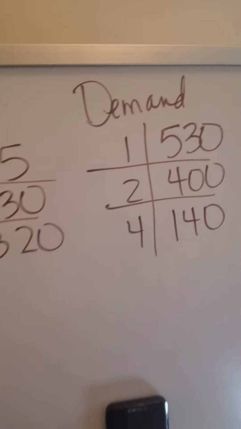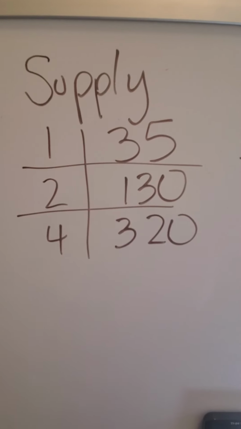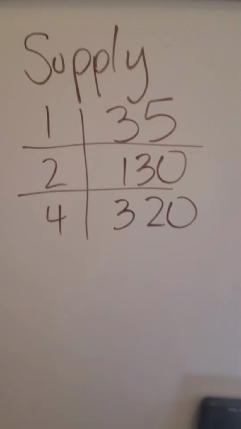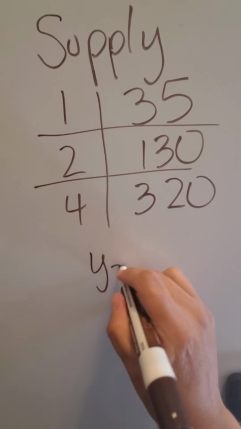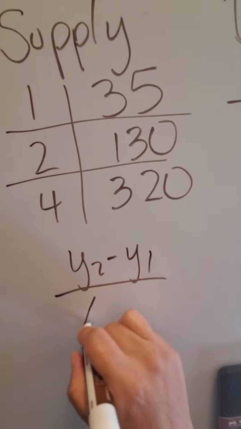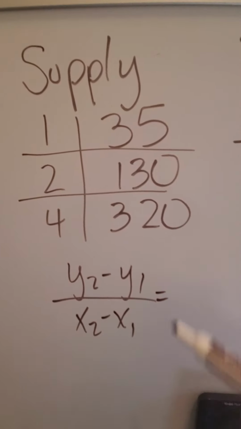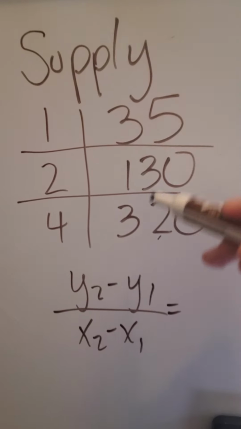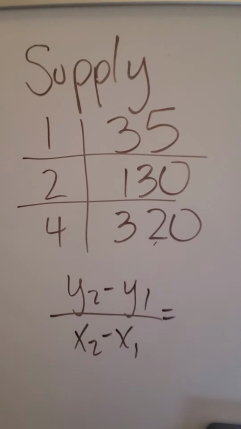Okay, so if I have these sets of ordered pairs, there's a couple things you can do. We can figure out slope first, right? So slope is y2 minus y1 over x2 minus x1. So using that, it doesn't matter. I'm going to do the last one and the first one. But you can do the second one and the first one, or the first one and the second one. I don't care.